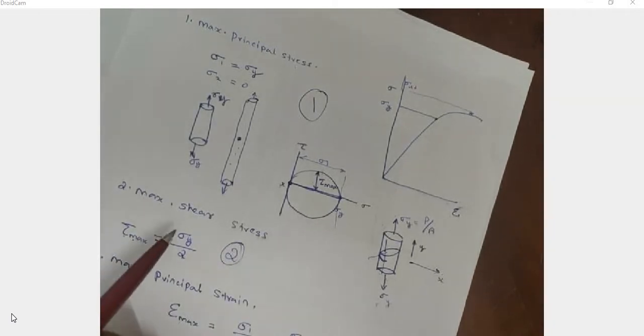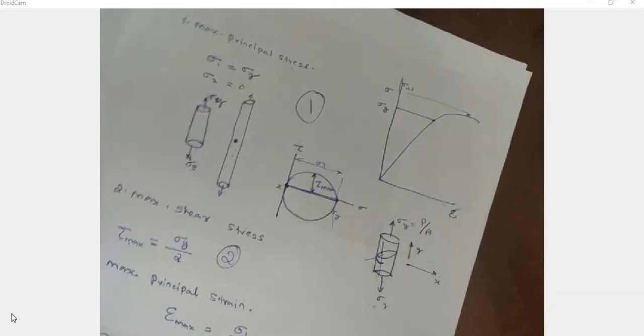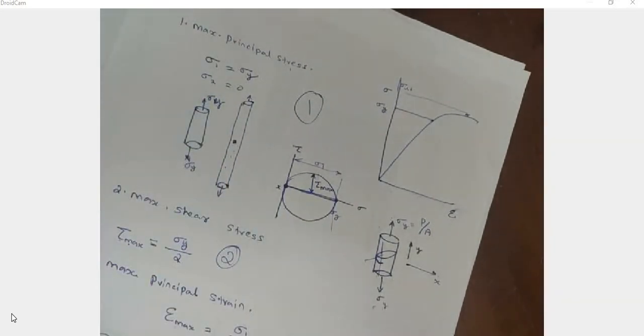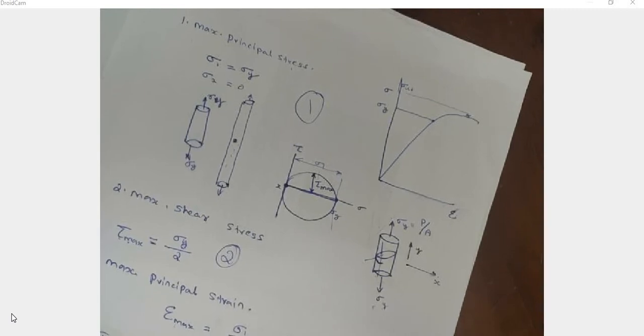So this is another reason for the yielding or deformation. This is the first reason, this one is the second reason. We don't know which one is the exact reason for this yielding, but these are the different cases.